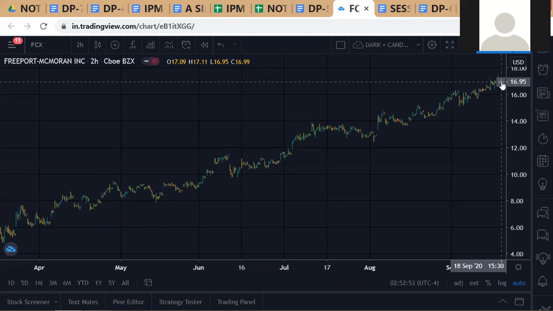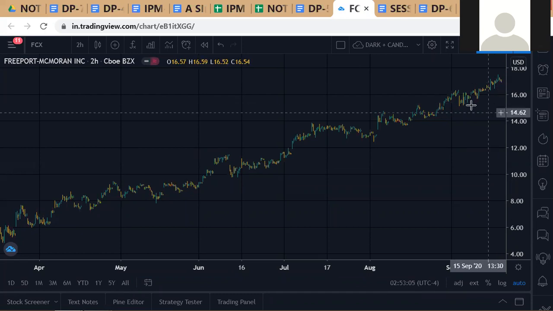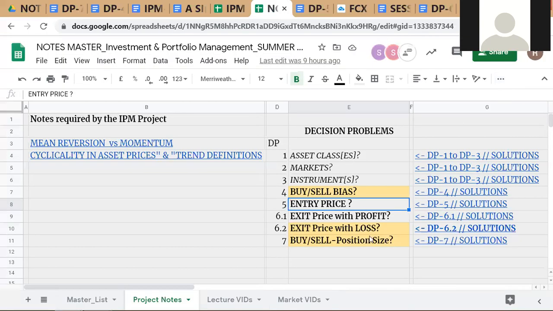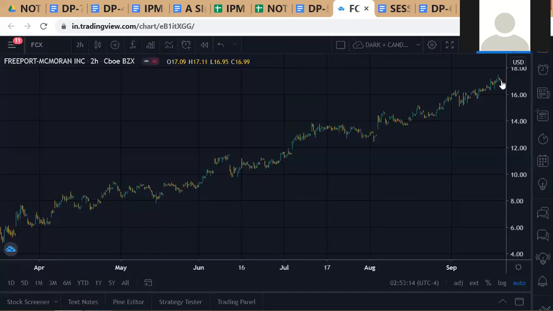So you are buying FCX shares, selling US dollars. One of the decisions you have to take is this exit price with loss. When I buy FCX, and the price starts falling, at what point do I exit my position with a loss? Because I need to cut my losses. So how did Krish come up with this decision?